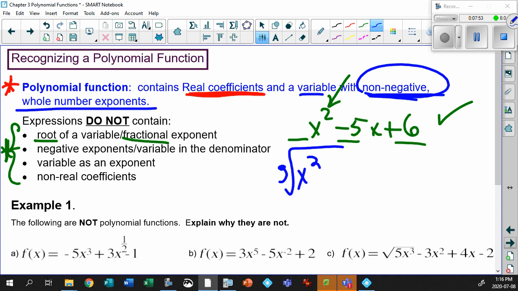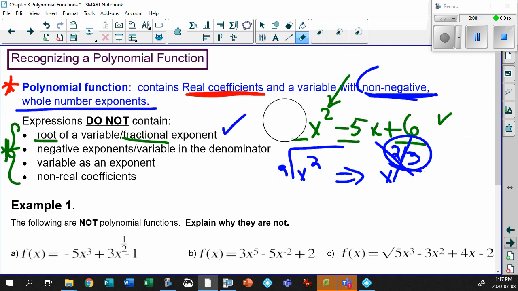No, you can't do that. The reason why, if you remember from Math 10C something called flower power, is that this is x to the power of 2/3. You can't have a fraction as a power. That's not going to happen.